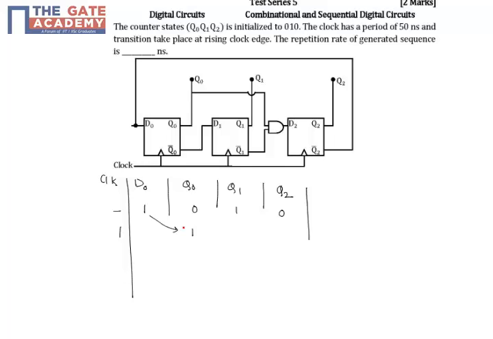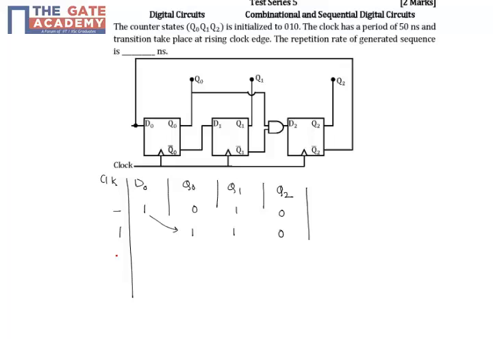Q1 is nothing but Q naught bar. So Q naught is 0, Q naught bar is 1. What about Q2? Q2 is nothing but Q naught AND Q1 bar. So Q naught is 0, so whatever the other is, it will be 0.